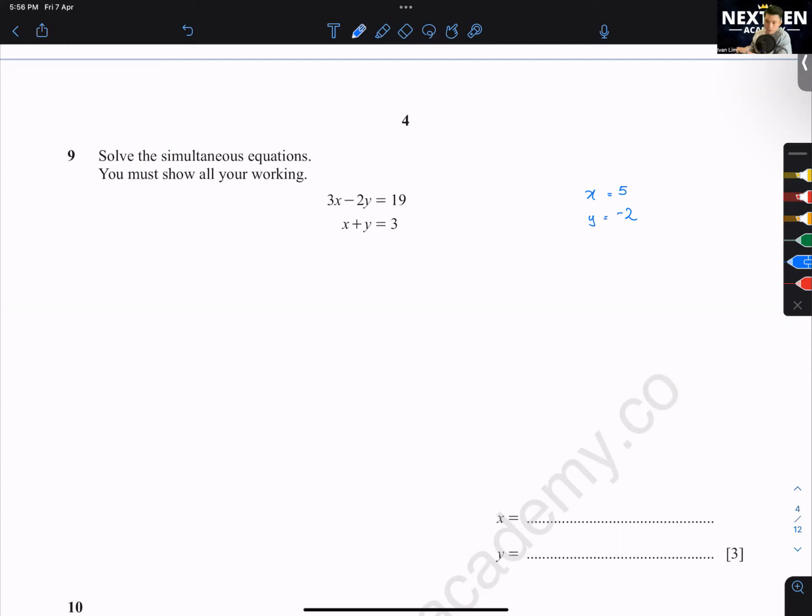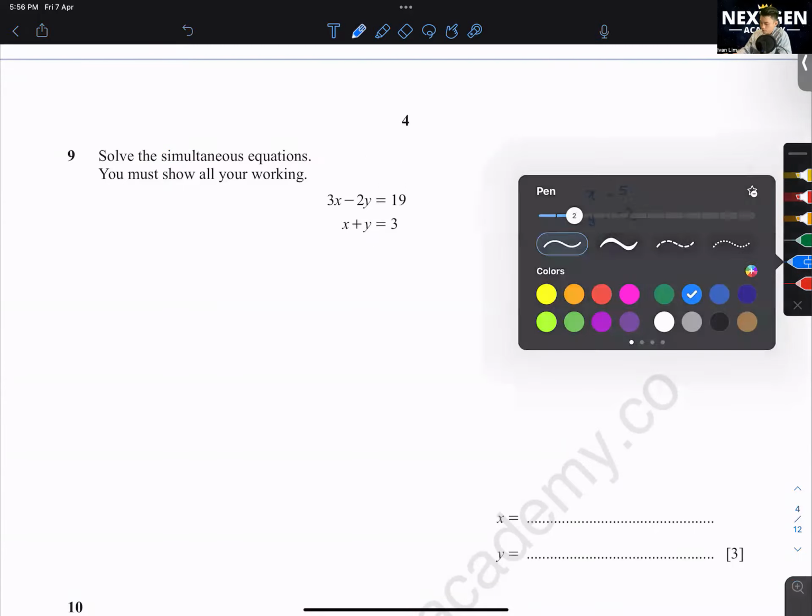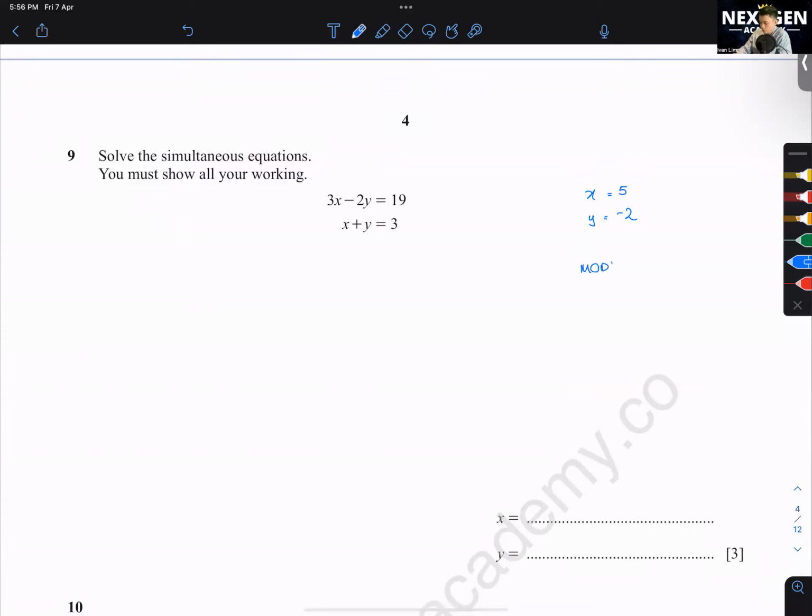MS. Okay, MS, you press mode 3 times. Mode times 3. You go to EQ, press 1, press equation, then press unknowns 2. Follow through fast, because we won't have time to go through so much.